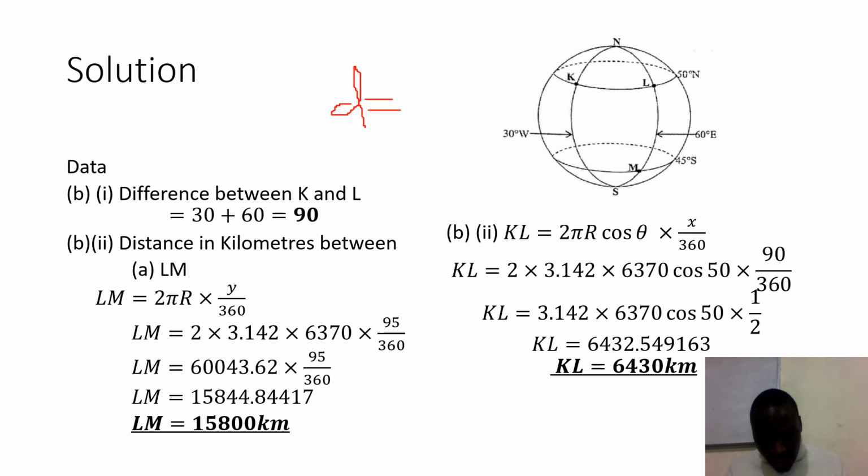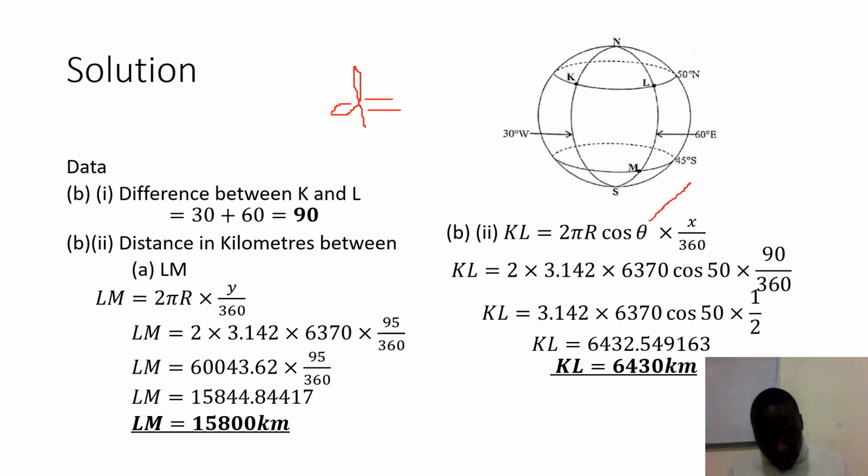In part B, Roman numeral 2 of this question, they are asking us to get the distance KL in kilometers, and we are going to use the formula distance equals 2 pi r cos theta multiplied by x over 360, where theta is a latitude.